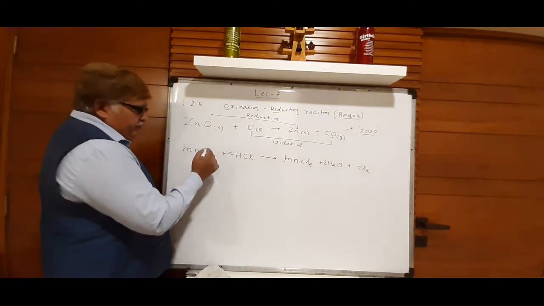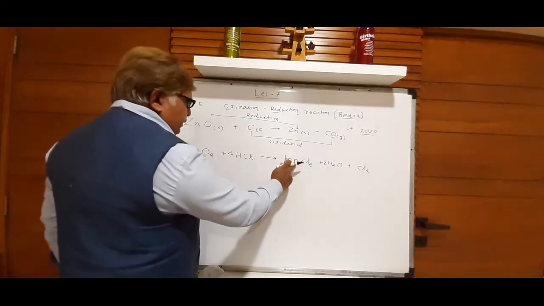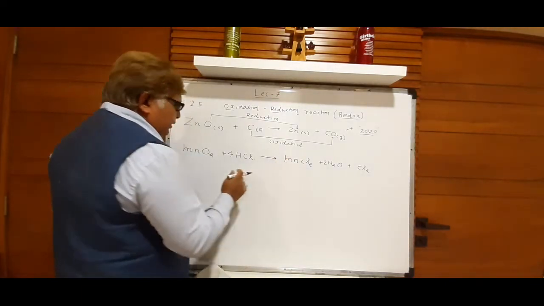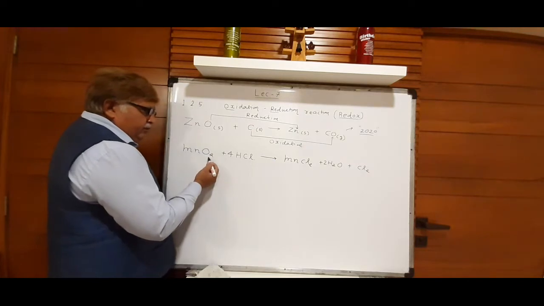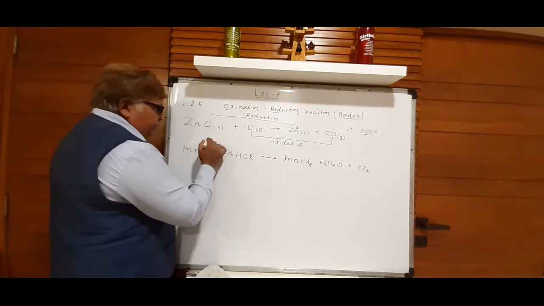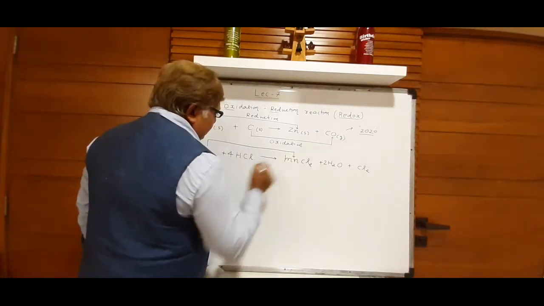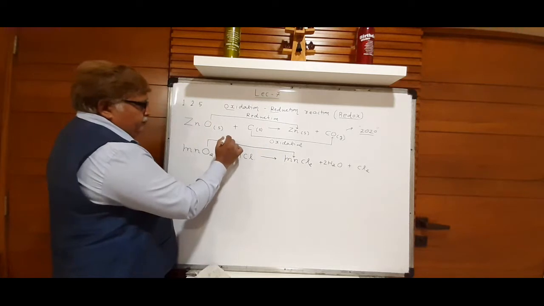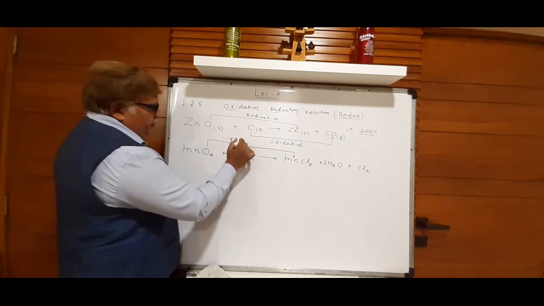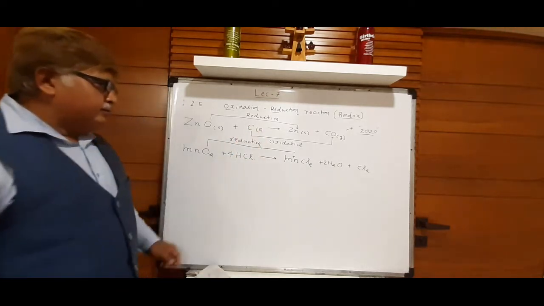So my dear student, concentrate. Manganese oxide converts into manganese chloride, means oxygen is removed. So can I say that manganese oxide is reduced to manganese chloride? So this is reduction.